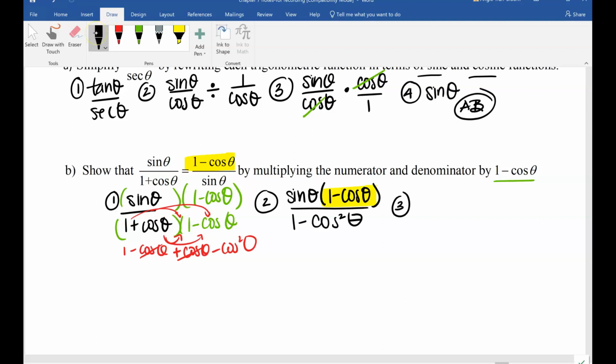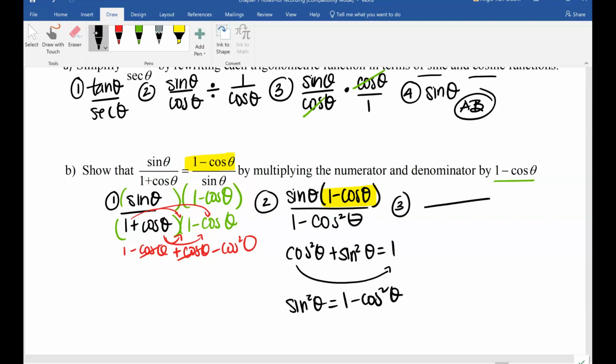But your identity says cosine squared of theta plus sine squared of theta always equals 1. So what if I manipulate this and move things around, such as move cosine squared over here: sine squared of theta equals 1 minus cosine squared of theta. That allows me to substitute in the denominator sine squared.